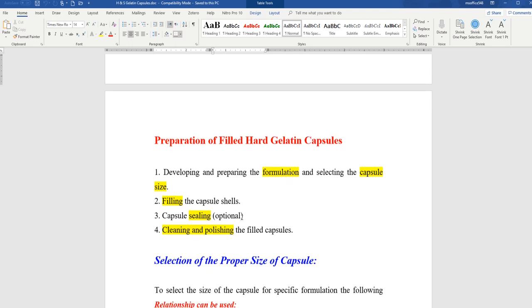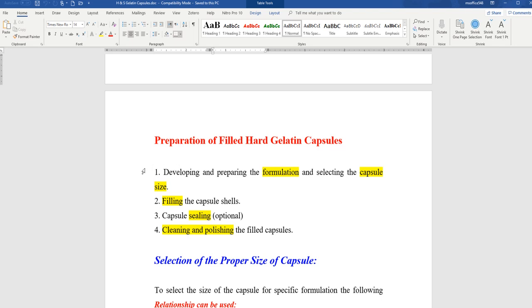Okay, the part that I'd like to talk about now is, okay, I have the capsule shells. Now I want to fill them with the formulation. So what size do I need to use? And what is the formulation that I need to fill inside the capsule shells?